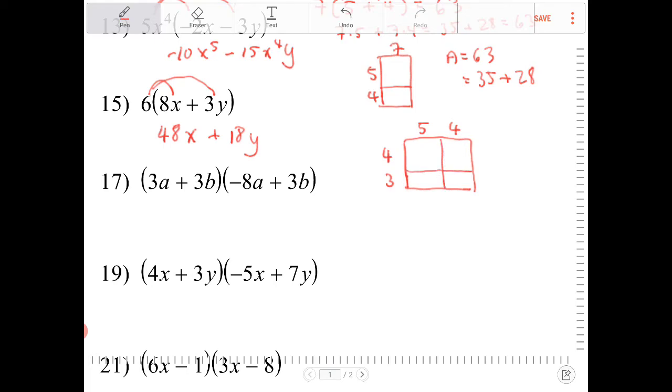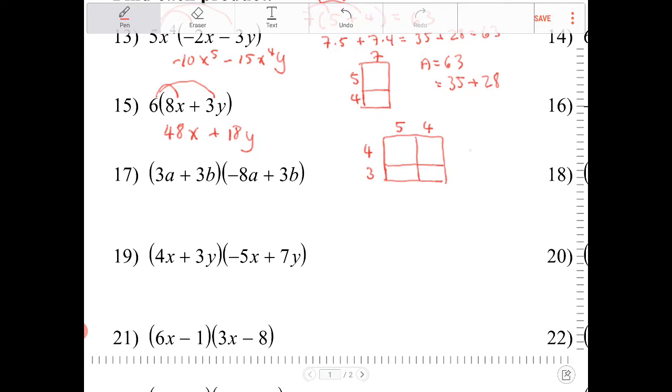So we know that the total area here is supposed to equal 63. So alternatively, we can do 5 plus 4 times 4 plus 3. This is the same thing as 20 plus 15 plus 16 plus 12.